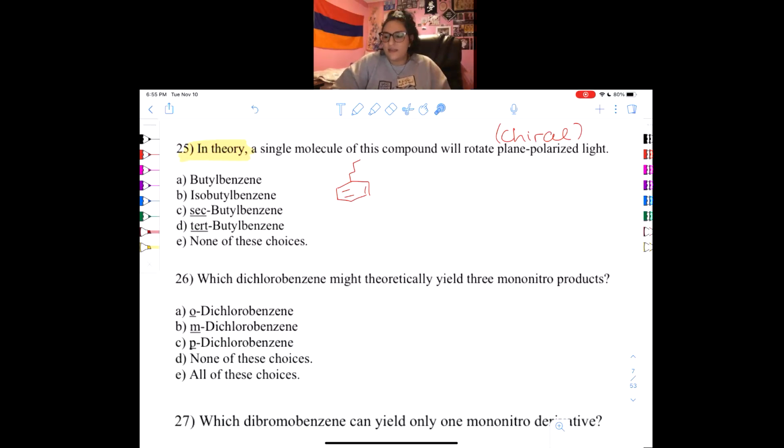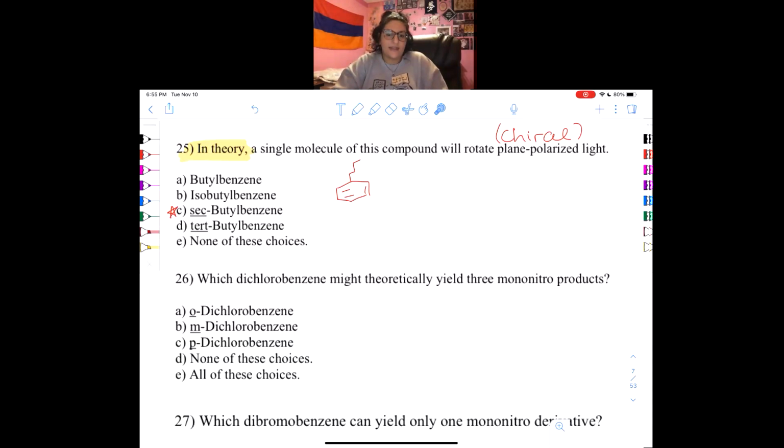So the reason the answer is actually going to be sec-butyl is because A, B, and D, when you draw them out, I will let you draw them out, but they will not be different on either side. It'll still be symmetrical.